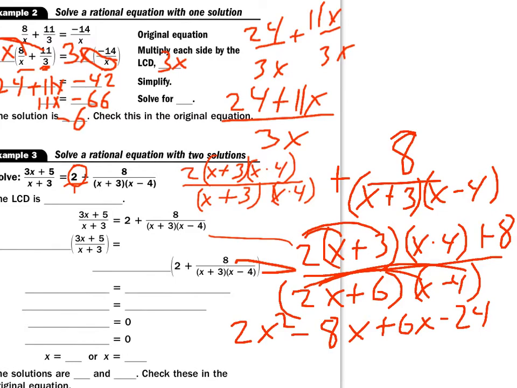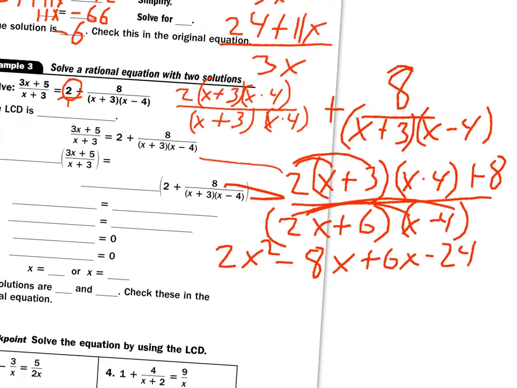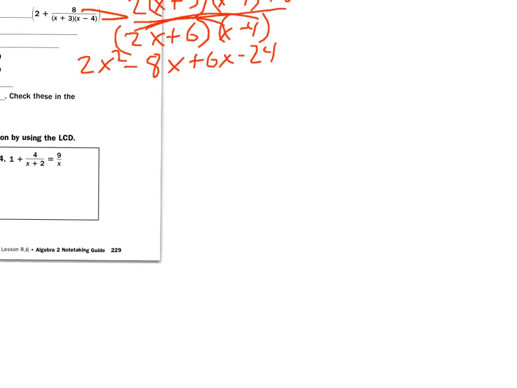Don't forget, I still have a plus 8 on the top of that. So let's move it up here a little bit. Plus 8. Okay. Now, and that's still over x plus 3, x minus 4. Don't forget about that.